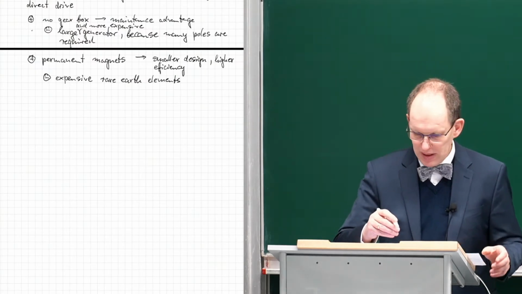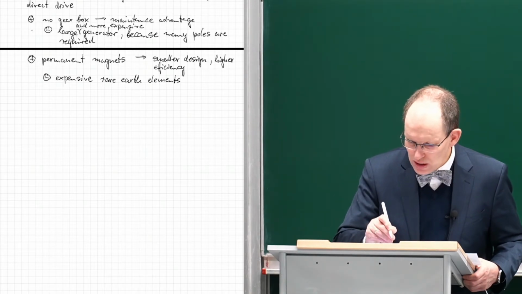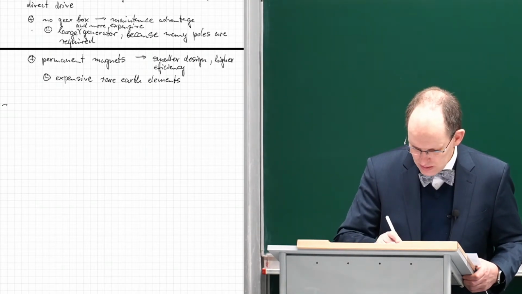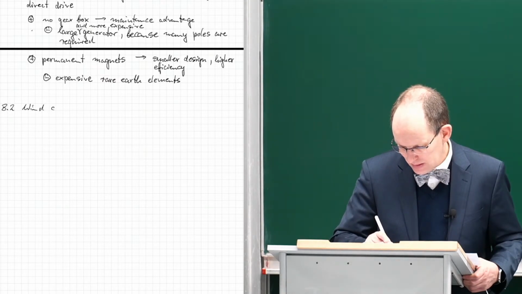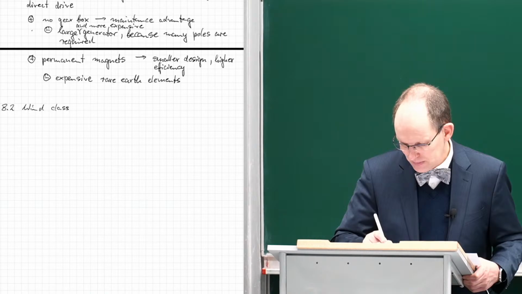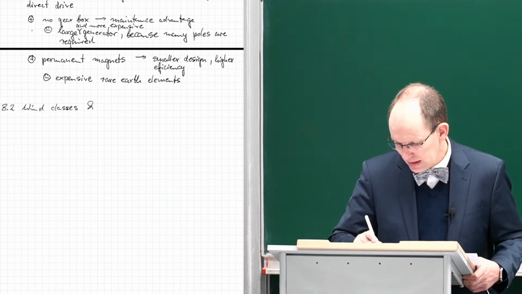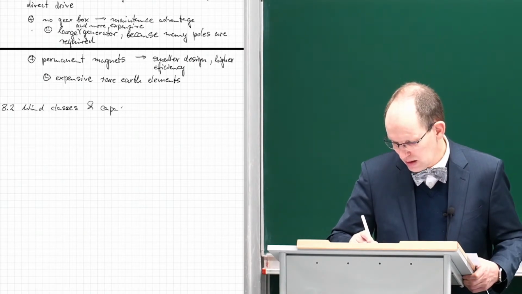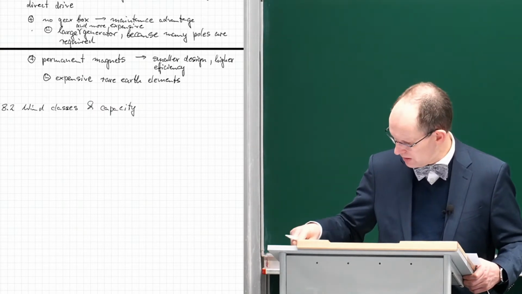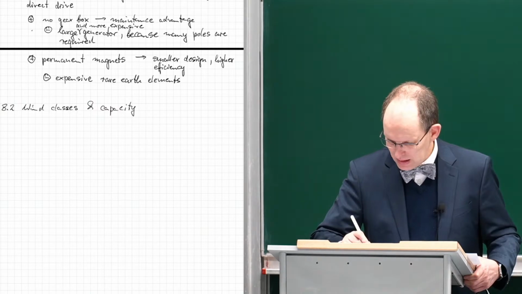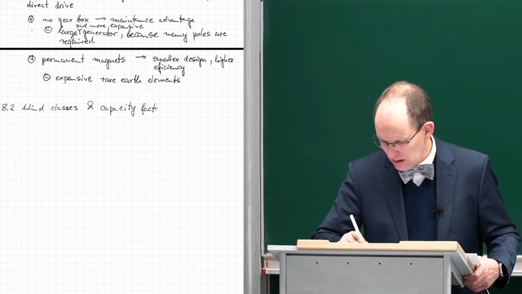So, 8.2 wind classes and capacity factor. Now, there's no direct connection between both, but anyway.